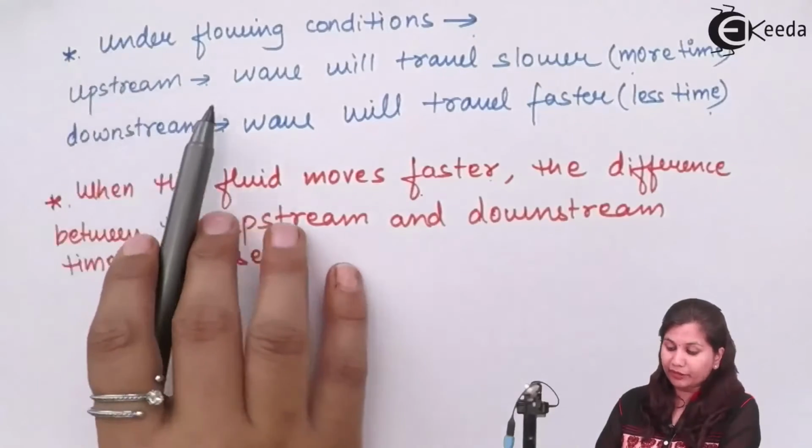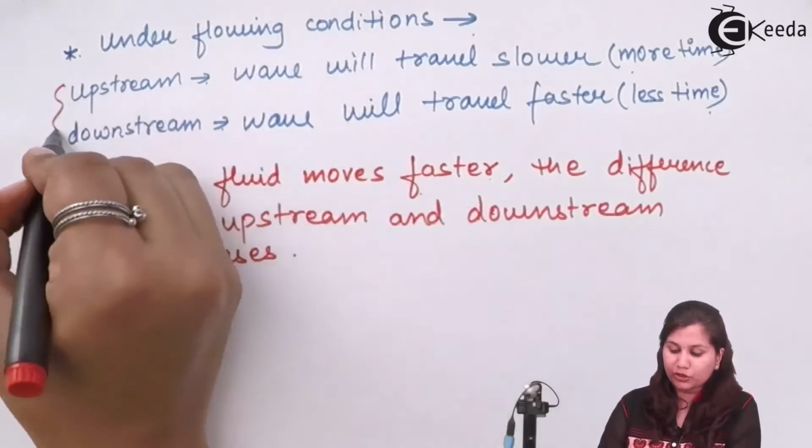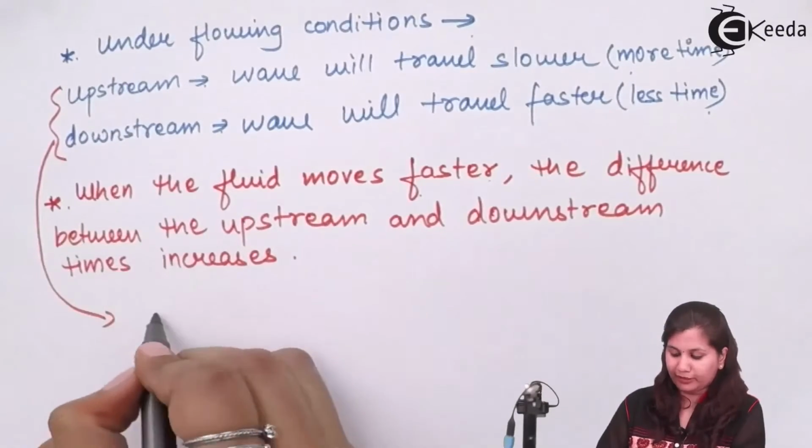Now why is there a difference in the time taken under the flowing conditions? This difference is due to the Doppler effect.